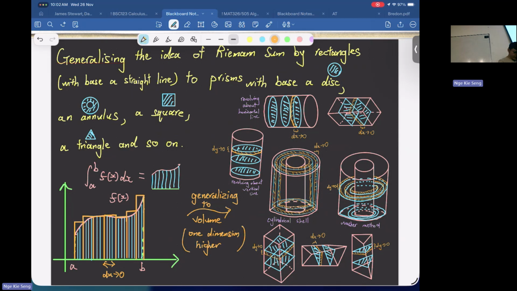You can think of it as something. Let me move here. When you do this definite integral, in the geometric sense, this dx here you can think of as the thickness. Then f(x) is the height.